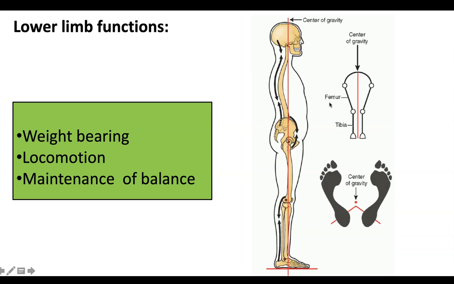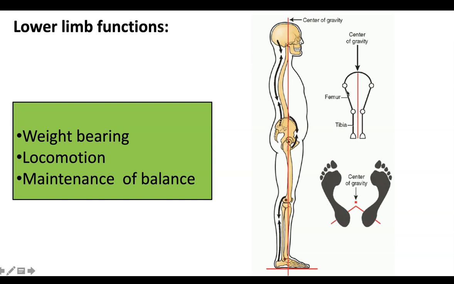When we stand at ease, the femurs are obliquely placed, and the knees are closer because of the obliquity of the femur, and the center of gravity is passing in between the two knees.